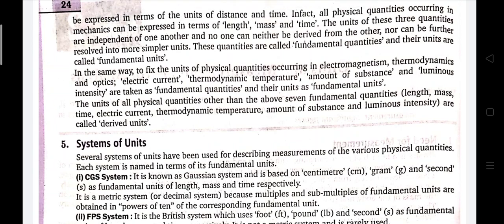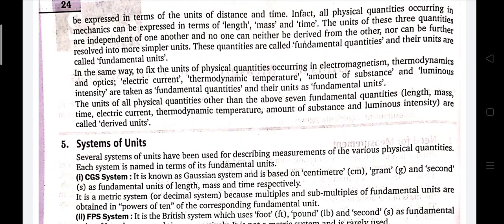Okay, boxing bouts, the weight of the wrestlers are still in pounds. So since we have been ruled by Britishers for a long time, we used to follow FPS system in India before independence. Nowadays we have switched over to metric system.